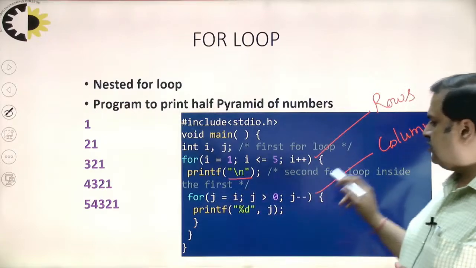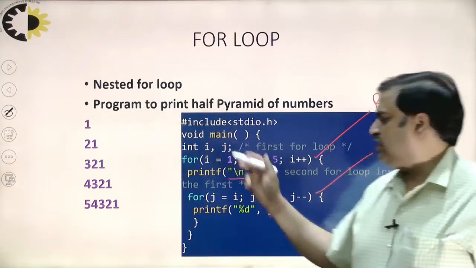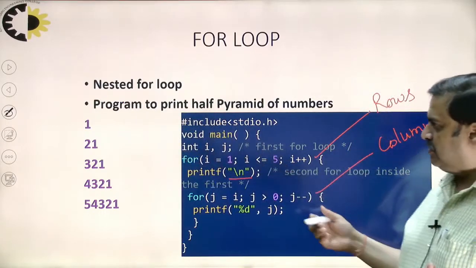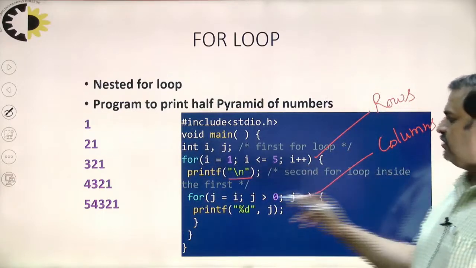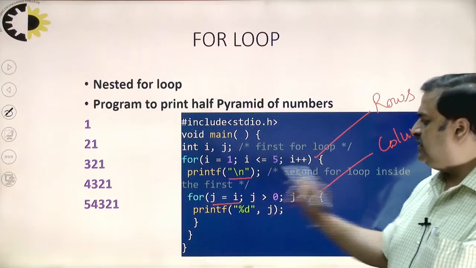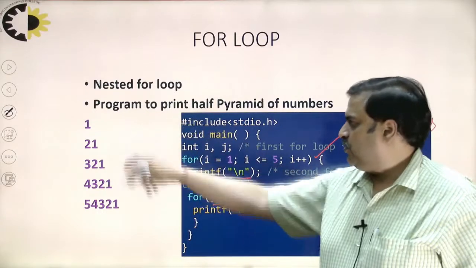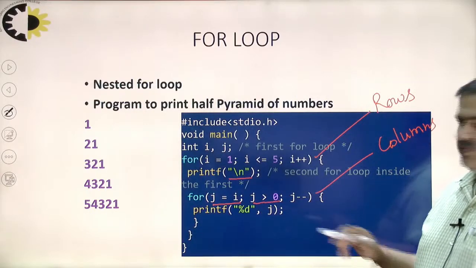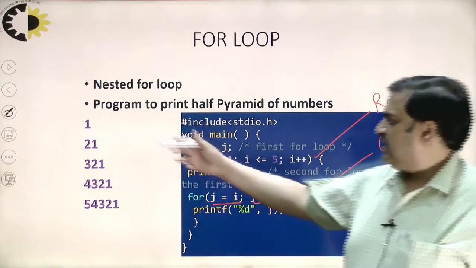Now in the column loop we write what is required. In the first row we require only 1 number, in the second row we require 2 1, in decreasing order. So we start j with I, the nth row, and j is greater than 0, j minus minus, so we are decreasing every time.